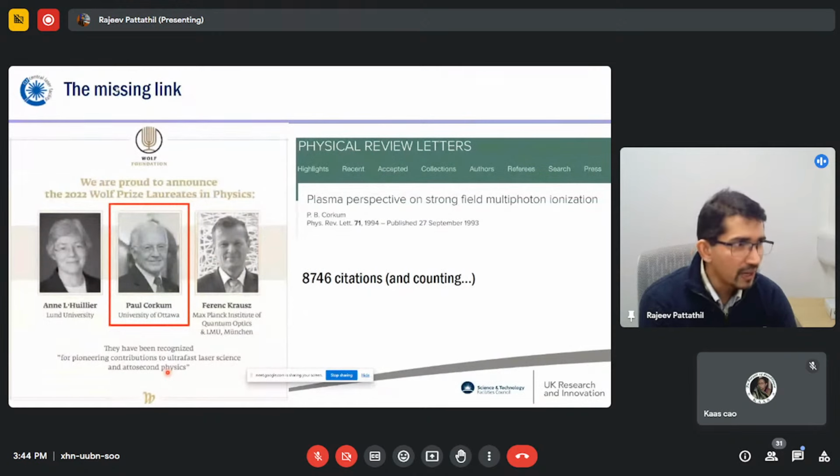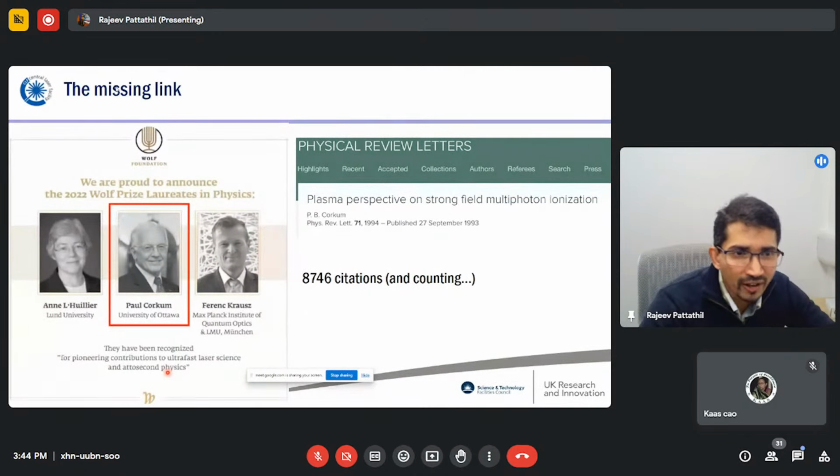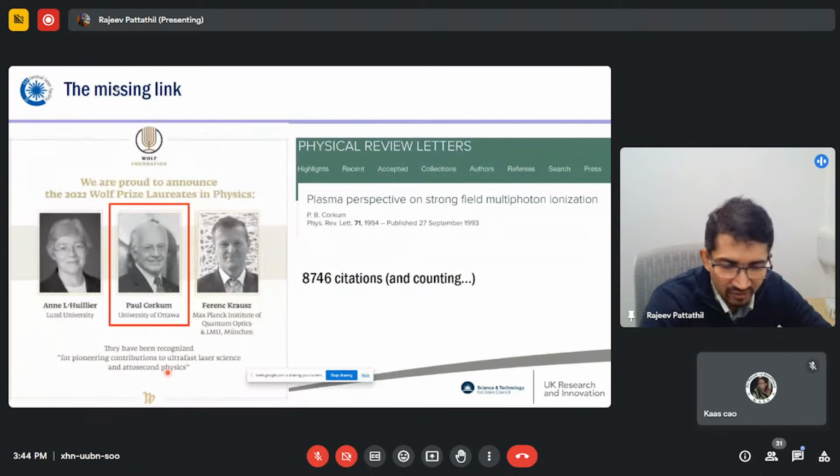There, two of the laureates are the same, Anne L'Huillier and Ferenc Krausz, but one person is different, and that person is Paul Corkum. I worked with him during my postdoc. He was my postdoc advisor in Canada.